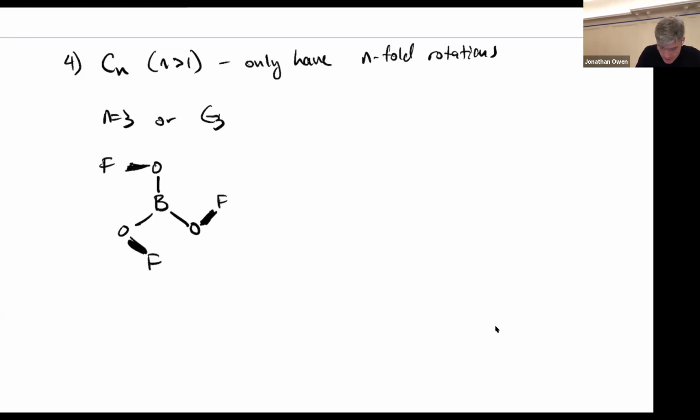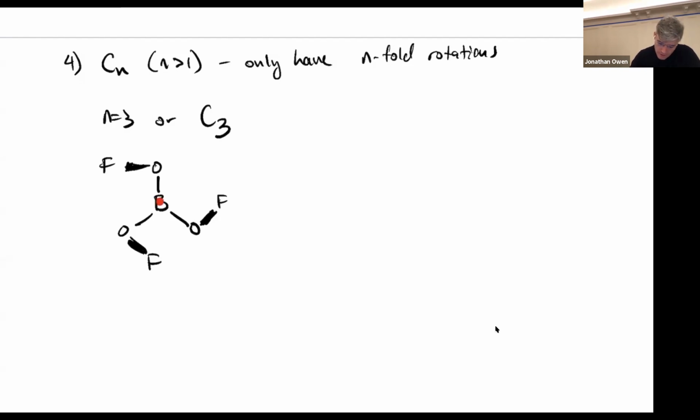Now these wedges mean that the fluorines are coming out of the page and the other 3 atoms are in the page. This sort of looks like one of those garden tillers, you know, the teeth are sort of on an angle, twisting downward. Now this is a C3, so you have to have a C3 axis.